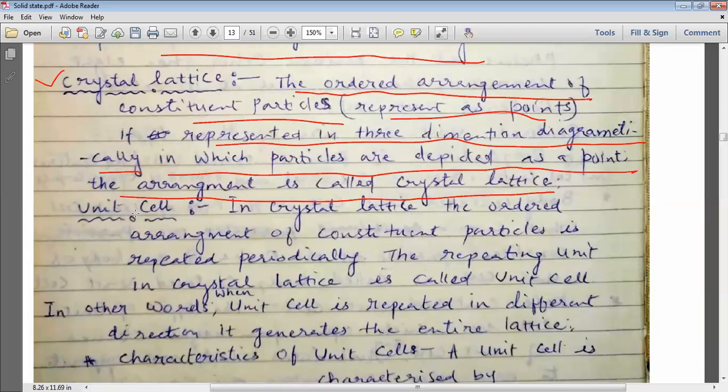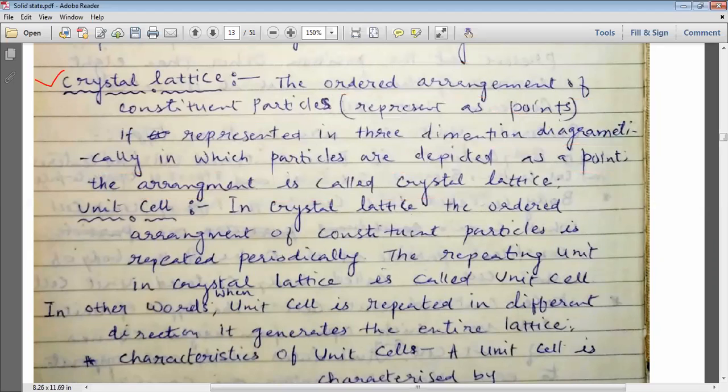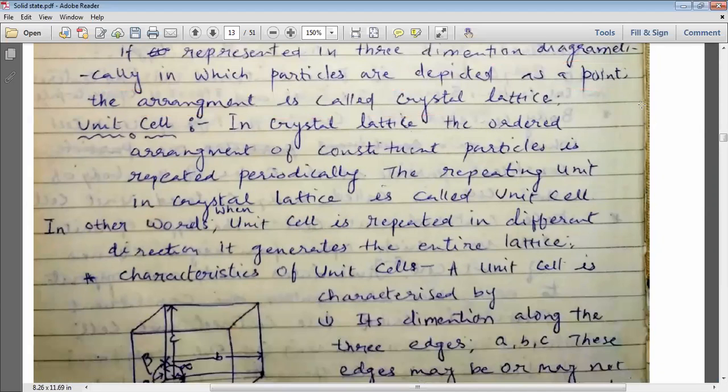Please try to understand that the word crystal lattice is actually the word for that diagram, the diagrammatic representation of the solid. So this is how we understand the crystal lattice.